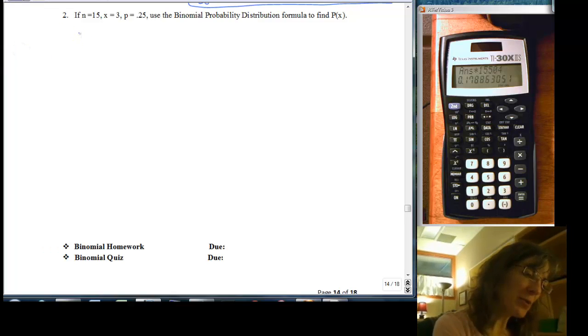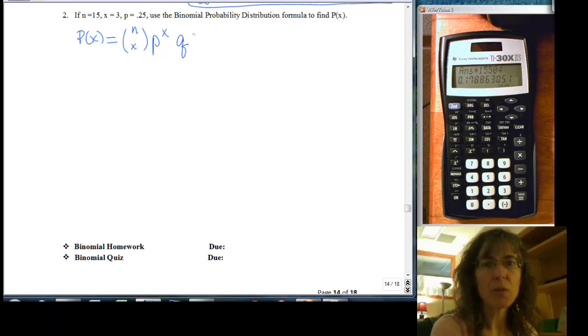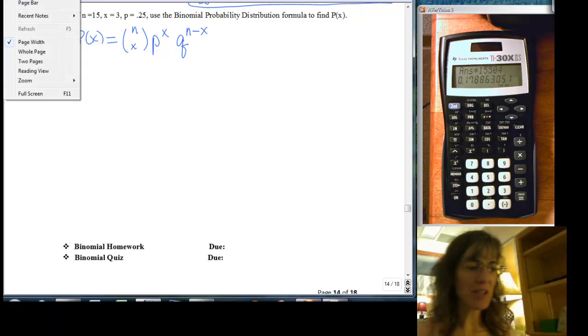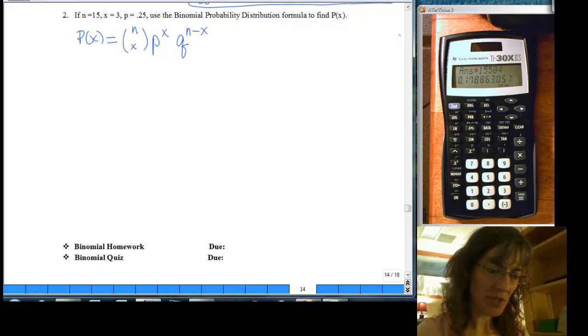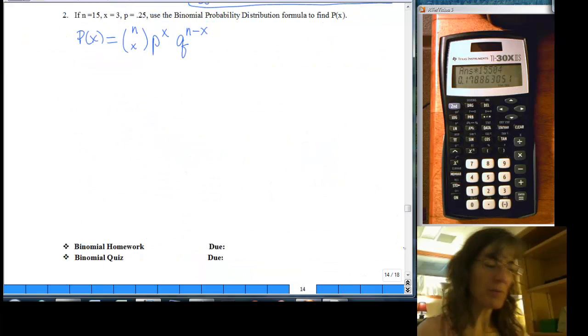My formula is p of x equals n choose x times the probability to the x times the probability of not happening to the n minus x. I'm just going to check that real quick. And that matches the formula above.